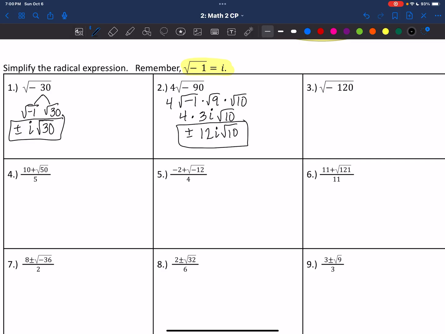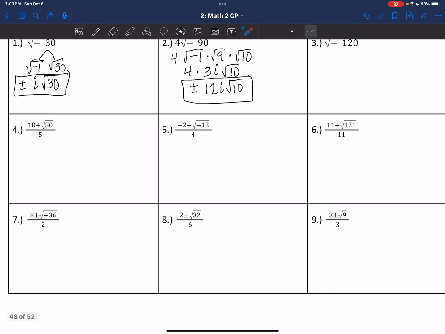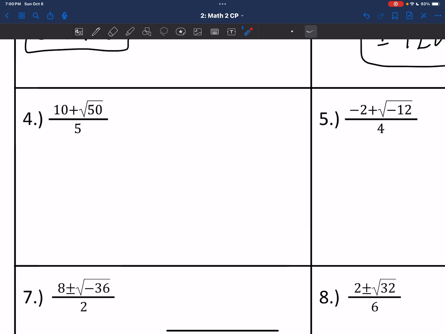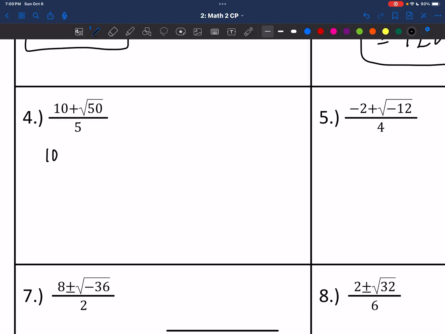All right, I want you to try number 3. And then for number 4, I'm going to zoom in some on number 4. For number 4, this is a little different because we have a fraction within this. So we're still going to simplify this radical, and we're going to go 10 plus, and we know that 50 is the same as 25 times root 2, and then that's all going to be over 5.